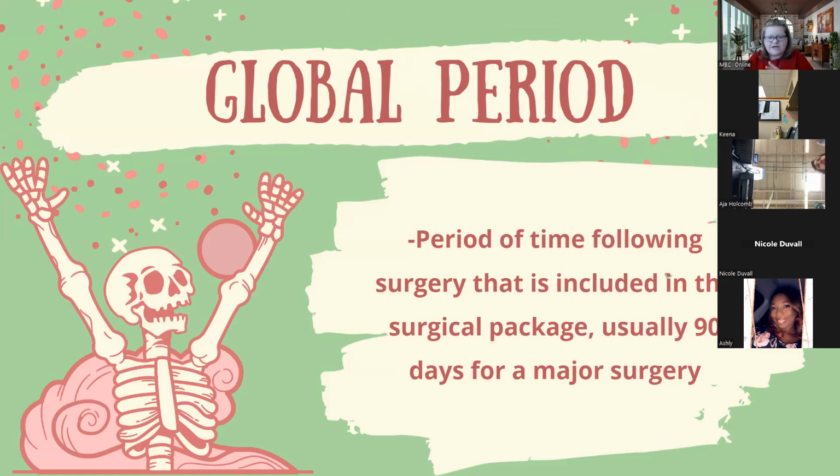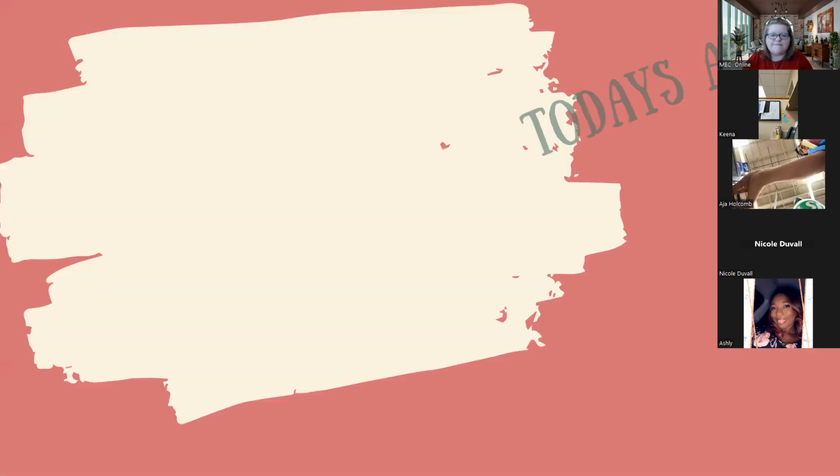They're not billed extra. That's what a global period is, okay? And there's certain charges that have to be filed within the global period to have them covered, and things like that. So very important information there.